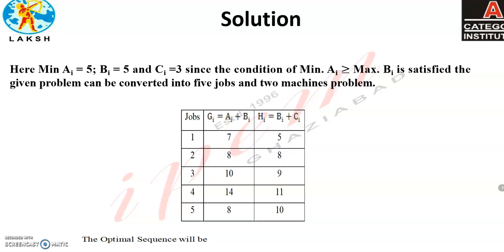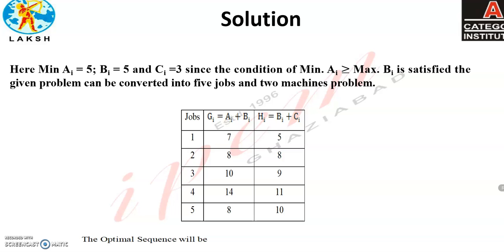First, the optimal sequence of jobs, and second, the minimum elapsed time, right? Sequencing we can find only when there are two machines, and then minimum elapsed time we will find for 3 machines or 4 machines, whatever is asked in the respective question.